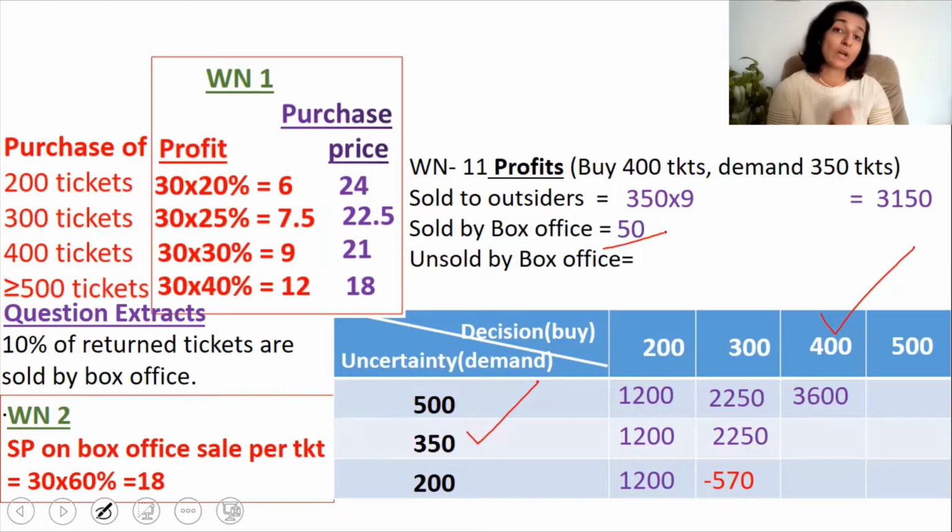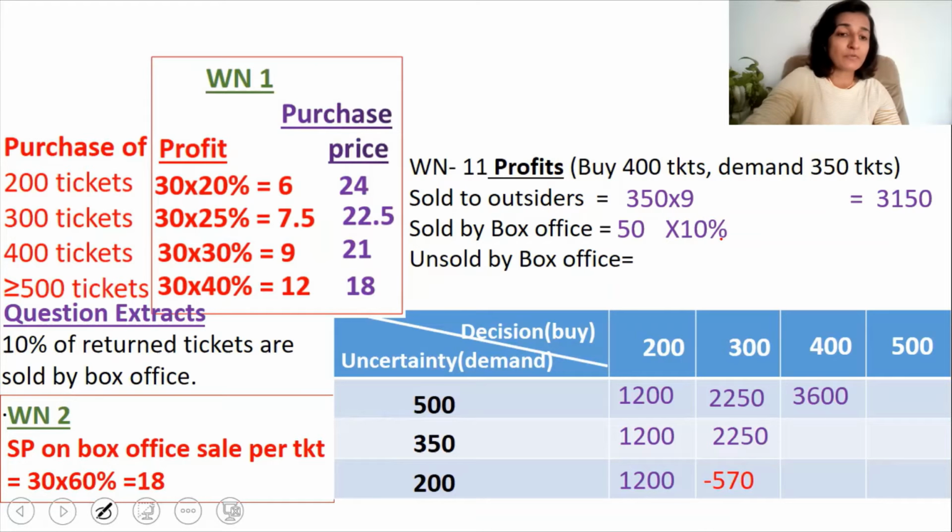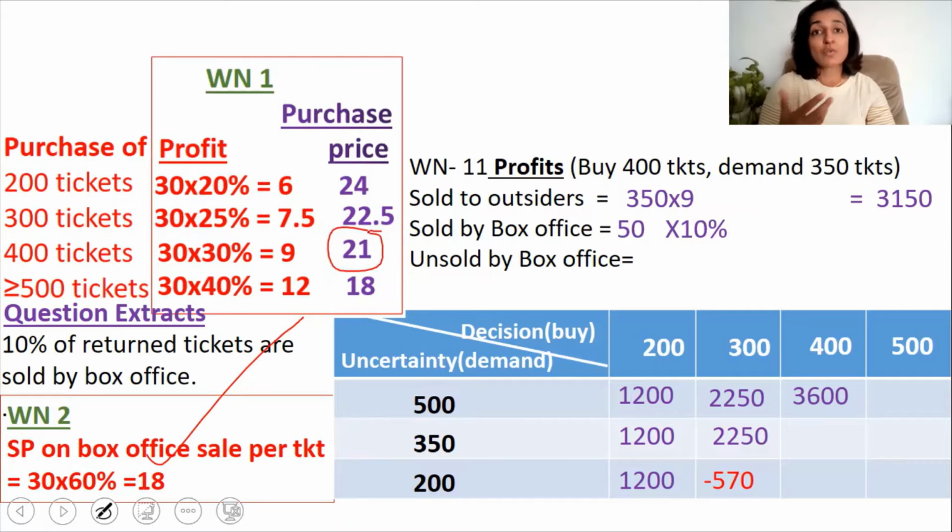50 tickets are unsold, out of which the box office is able to sell how much? 10% of the return tickets. So 50 tickets multiplied by 10%, box office is able to sell. And what is the price that the ticket agent gets from the box office? It is $18 per ticket. And his cost price is $21. So what is the profit?